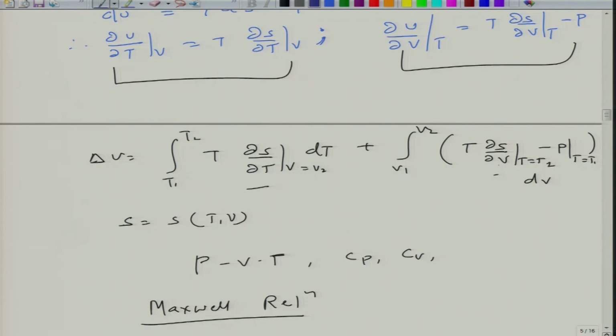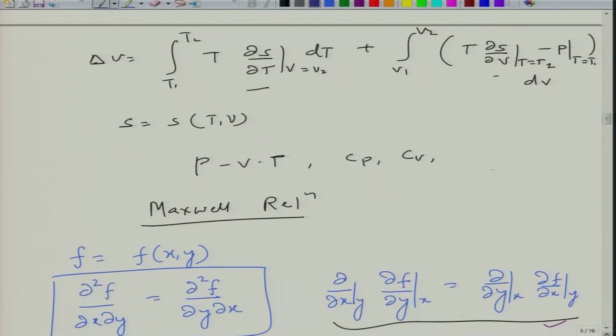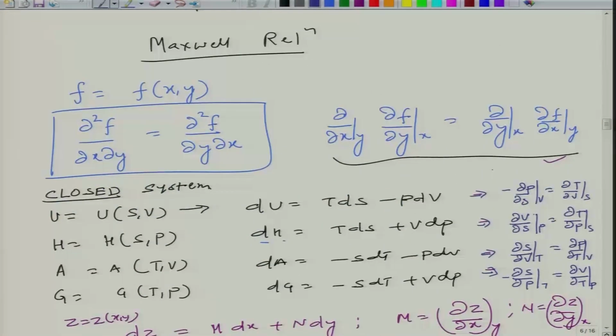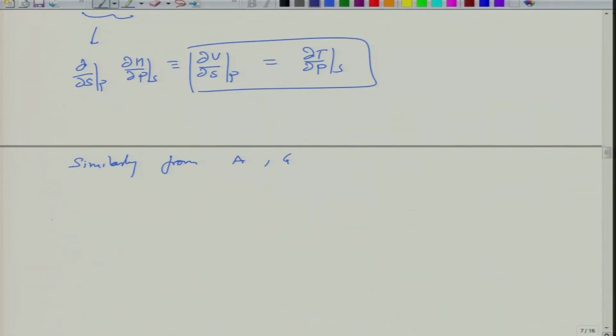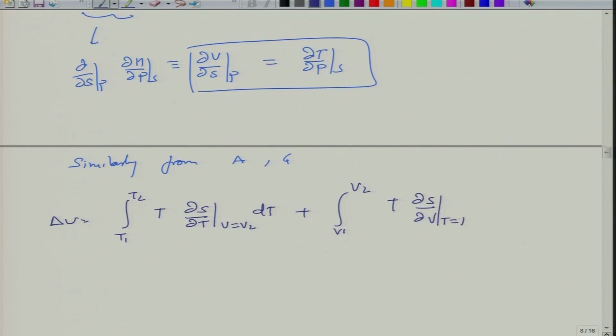If you look at del S by del V, I can make use of the Maxwell relation, because del S by del V is nothing but del P by del T at constant V. So the expression for delta U, which was there from T1 to T2, is the integral of T del S by del T at V dT, plus the integral from V1 to V2 of T del S by del V at T minus P dV, evaluated at T equal to T1.